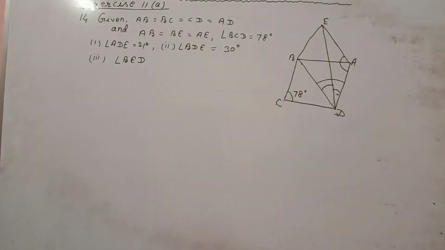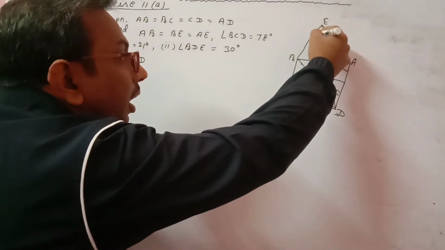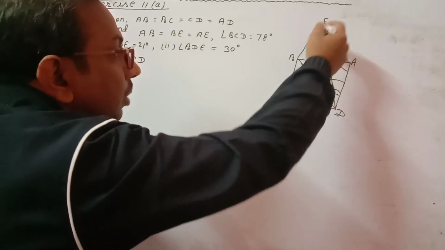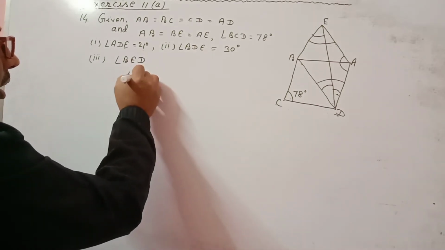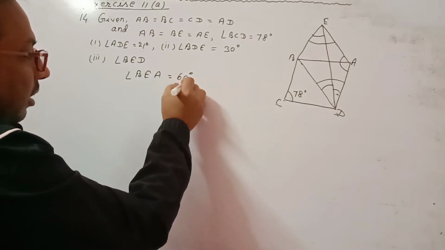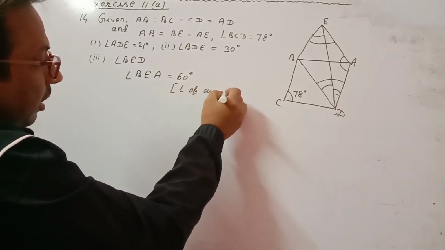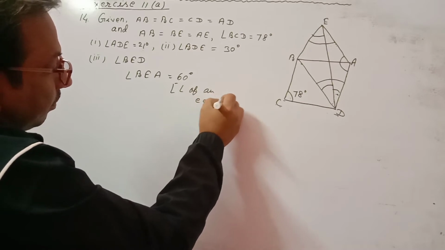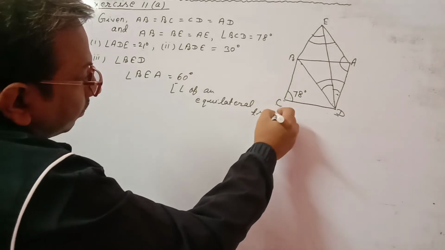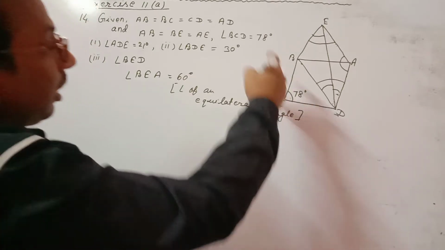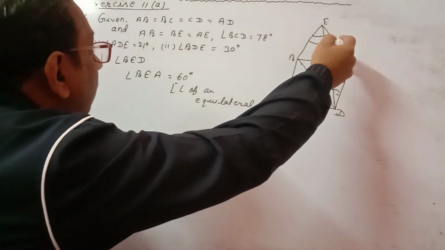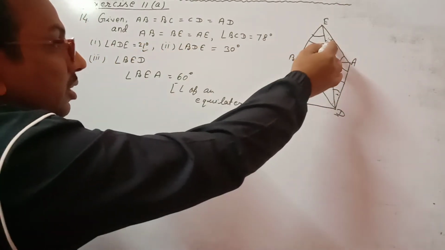The third angle we are asked to find is angle BED, this angle BED. So we know that the angle of an equilateral triangle is 60 degree. So angle BEA equal to 60 degree. This is the reason to say angle BEA equal to 60 degree, and this much we have got already, that is 21 degree. This angle and this angle were equal.